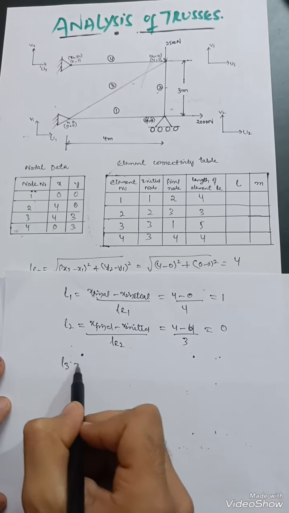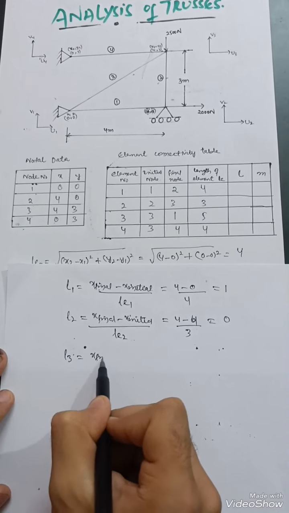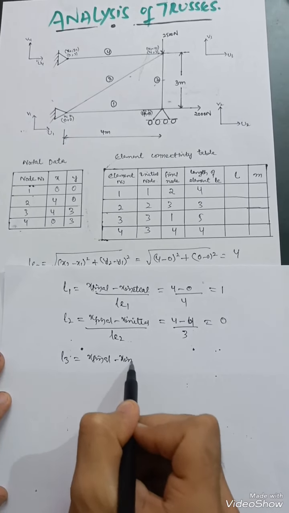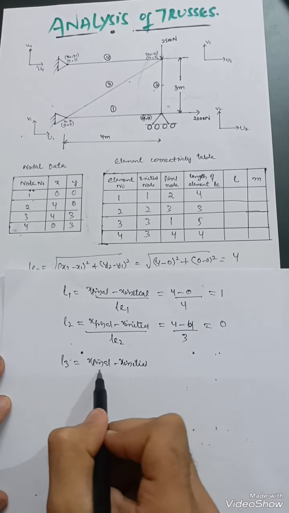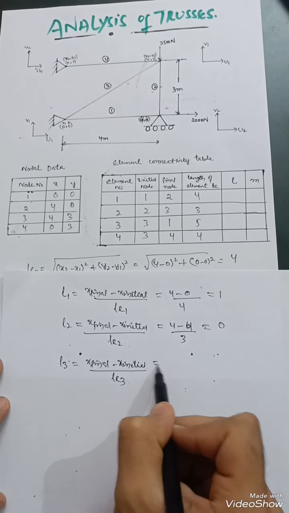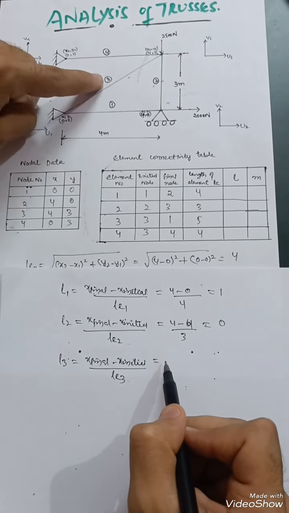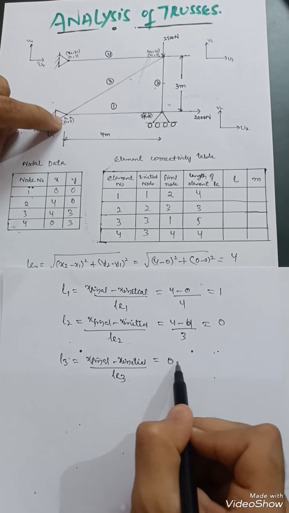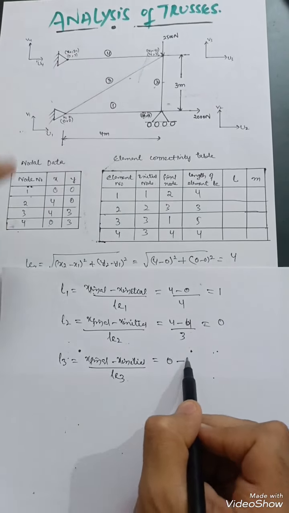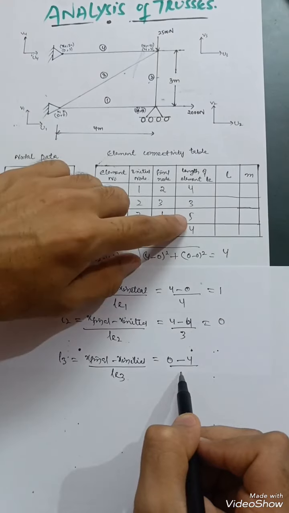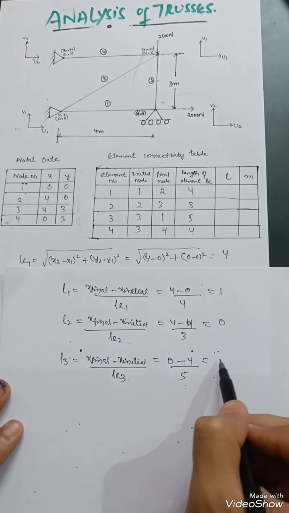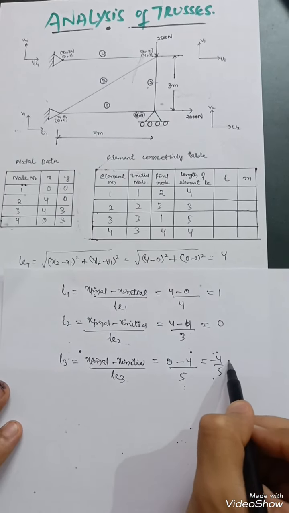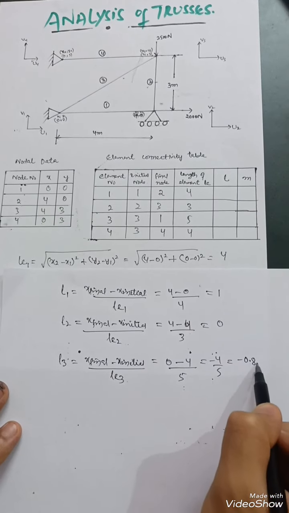Then L3 is equal to x final minus x initial divided by LE3, which will be equal to, for third element, so x final is this, that is x1, which is 0, minus x initial, that is 4, upon LE3, that is 5 over here, which will be equal to minus 4 upon 5, which is equal to minus 0.8.